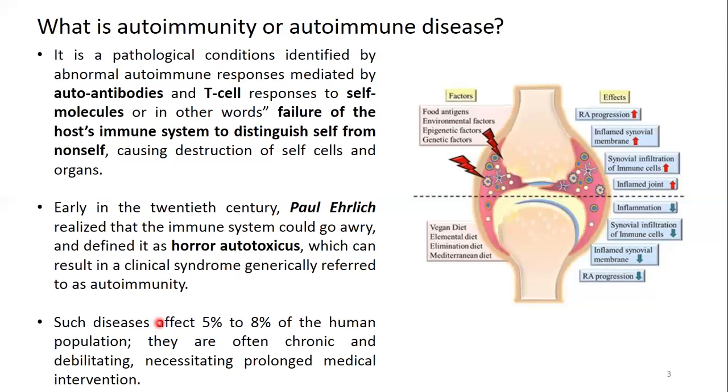Such diseases affect 5 to 8% of the human population, so they are often chronic and require prolonged medical intervention, at least to relieve symptoms. As a summary, it's a multi-step process that requires many predisposing factors such as environmental factors, genetic factors, and epigenetics.